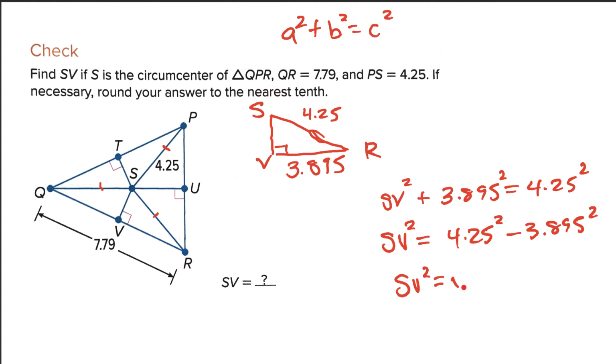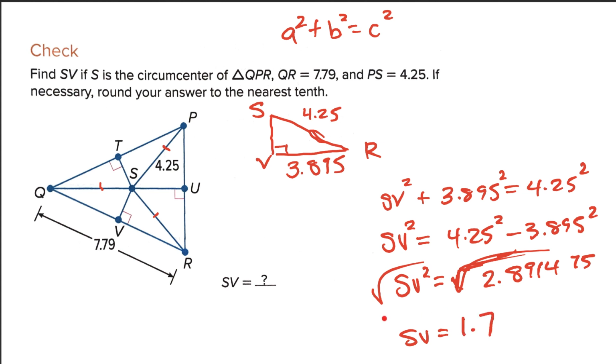I'm just going to write it all out for today. 2.891475. And then we'll take the square root of both sides. And at the end, SV is going to be a decimal that carries on, and if you round to the nearest tenth, it's going to be 1.7.